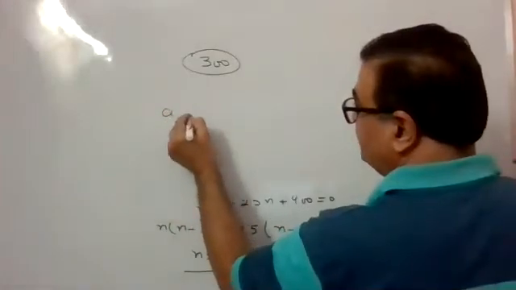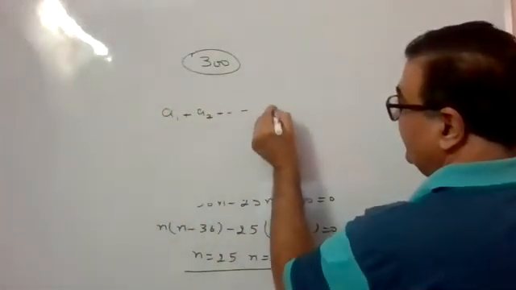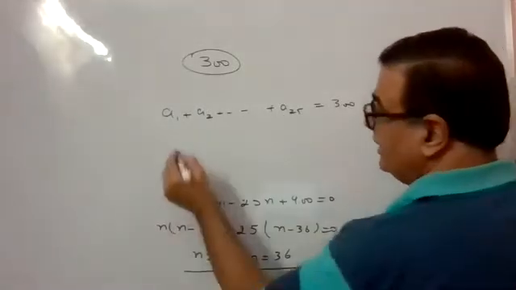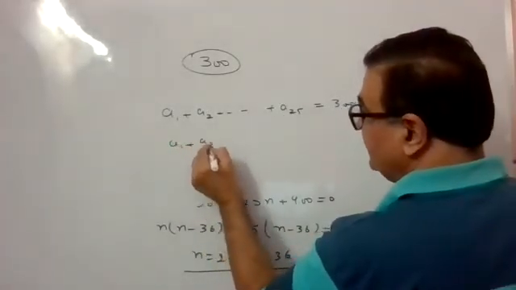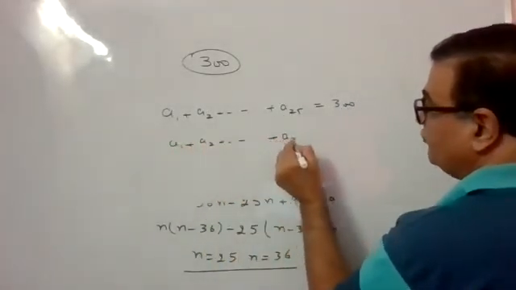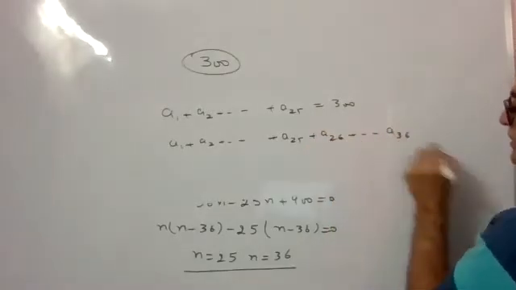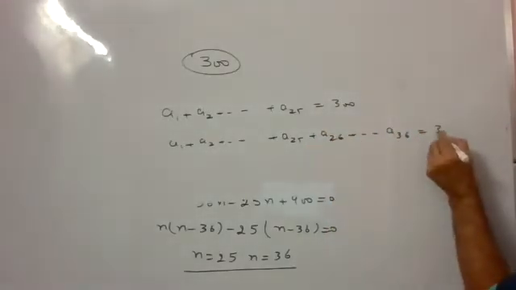Means A1 plus A2 till A25, that sum is 300. And another says A1 plus A2 till A25, then come A26 till how much? A36. That is also 300.